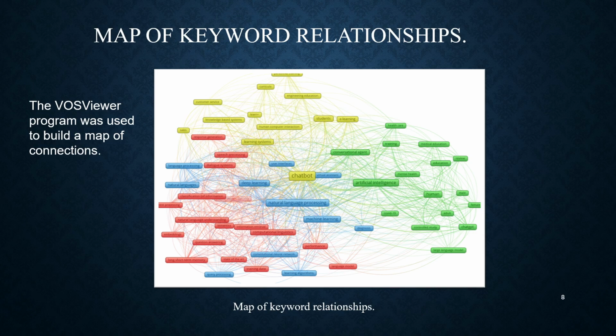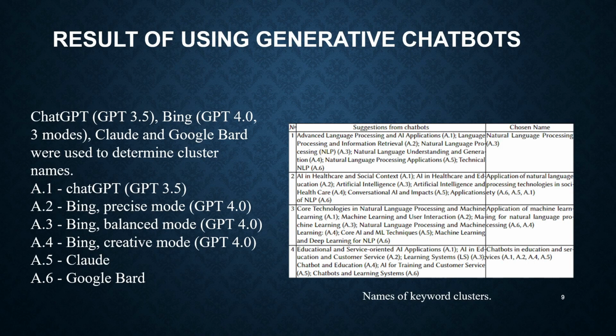On slide 9, using various chatbots, a request was created to determine cluster names. The request was created in English on November 13, 2023, and contained information about the number of clusters and keywords belonging to each cluster. Suggestions for cluster names and content were expected from the chatbot, but the final result was made by a human, and the best options for cluster names were selected procedurally according to this principle.